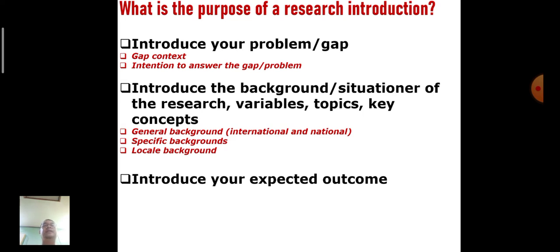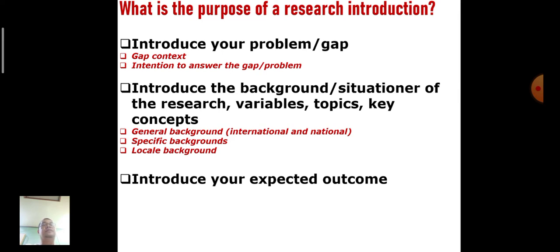Okay, let's explain each part. When you talk about introducing your problem or gap, you have two parts. The first is the gap context, where you cite reliable organizations' findings about it, or maybe a very credible author.